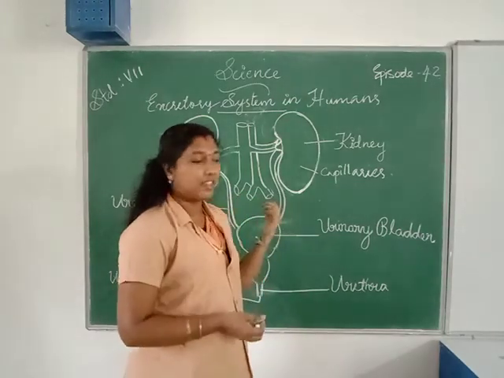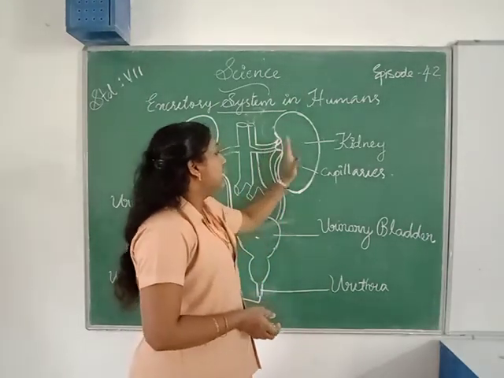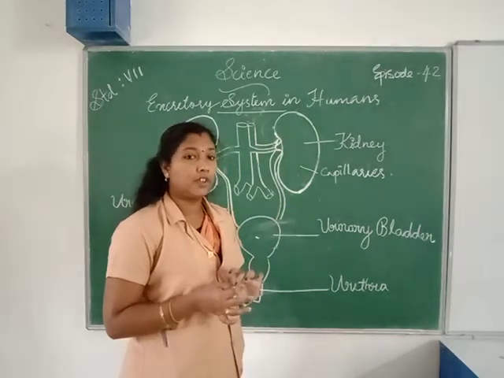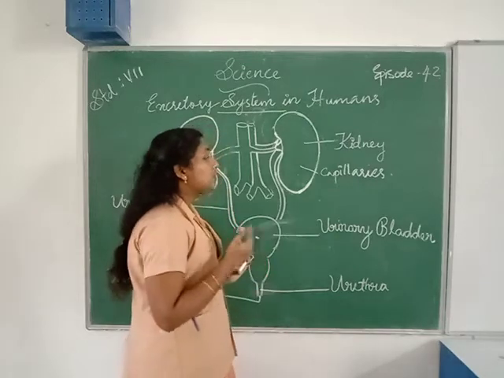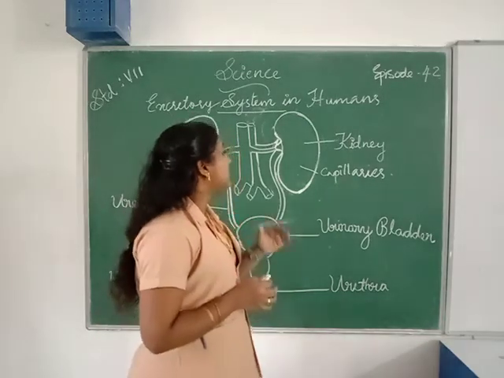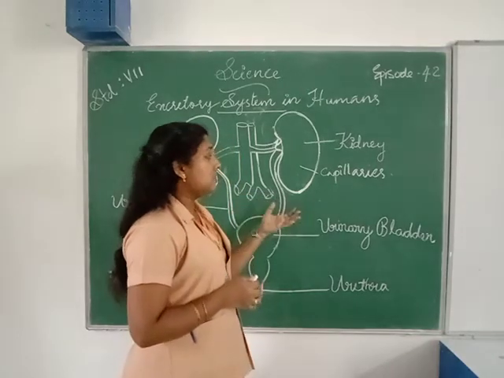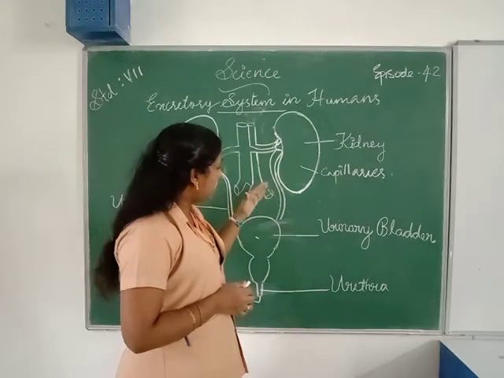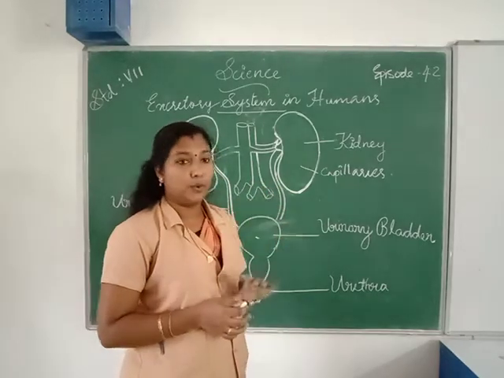The excretory system. Then the blood contains harmful and useful substances. The useful substances are absorbed back into the blood. Then the waste substances dissolved in the water are passed from our body in the form of urine.